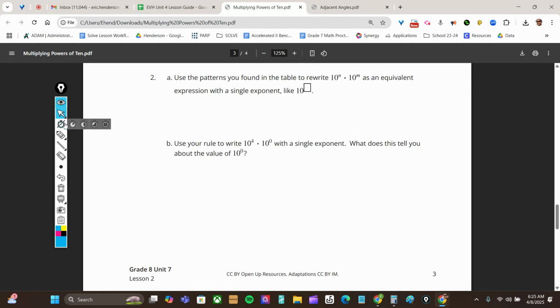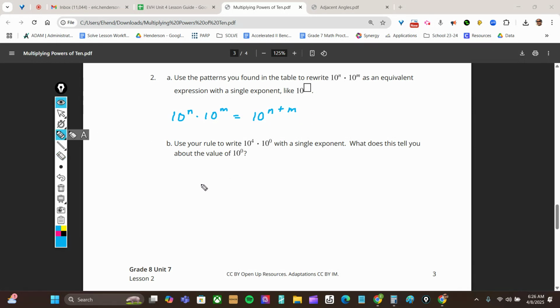Alright, use the pattern you found in the table to write 10 to the nth power times 10 to the m as equivalent, like 10 to the blank. So 10 to the n times 10 to the m equals 10 to the n plus m. Oh, well, that's it.